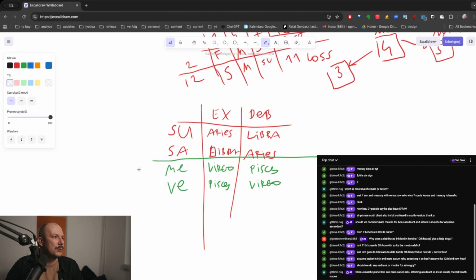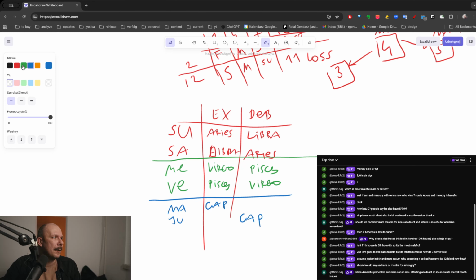And now again, we have a third pair, Mars and Jupiter. Mars gets exalted in Capricorn, where Jupiter debilitates, you see? So Jupiter and Mars, they have a completely different nature. I mean, opposite. They are on the opposite peripheries of meaning.